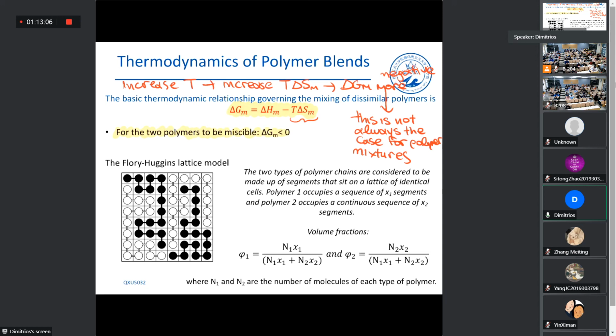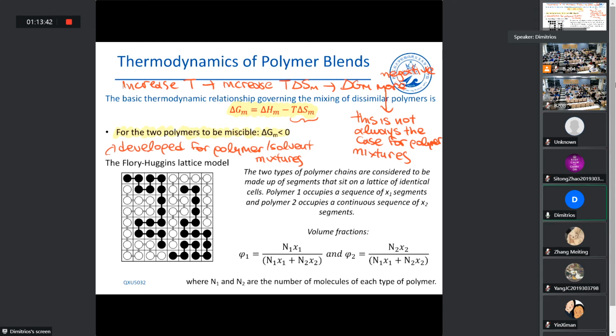So, in order to evaluate the thermodynamics of polymer blends, we employ the Flory-Huggins theory, which was developed initially for polymer solvent mixtures. Okay. As you can realize, there are some differences between the interactions between polymer and polymer, and polymer and solvent.